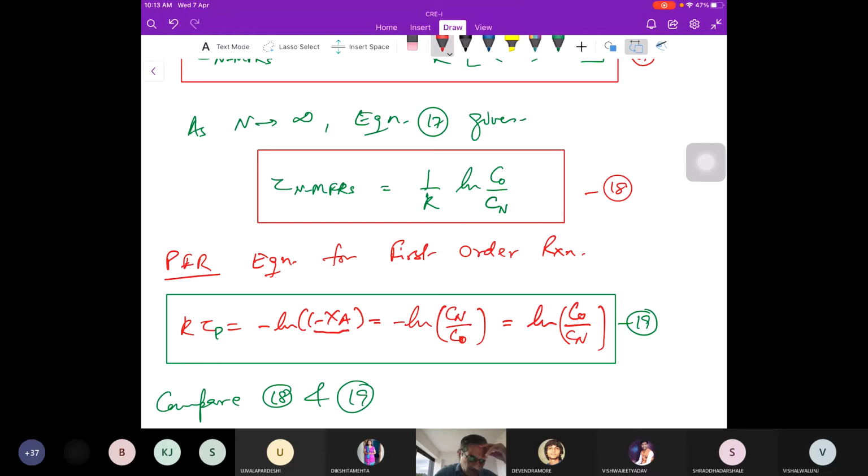Again, Xa is Xn. तो minus ln Cn upon C naught हो जाएगा और ln C naught upon Cn हो जाएगा. So if you compare these two equations, do you see similarity? Is there any similarity?